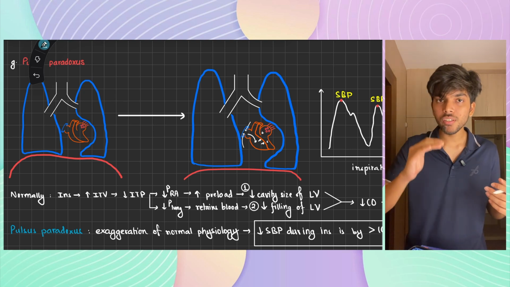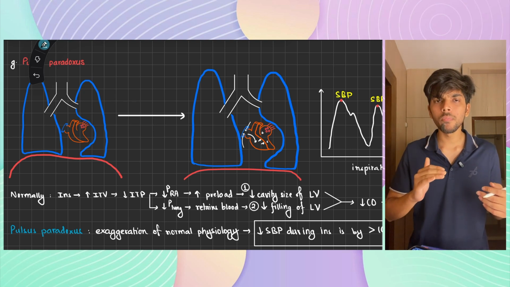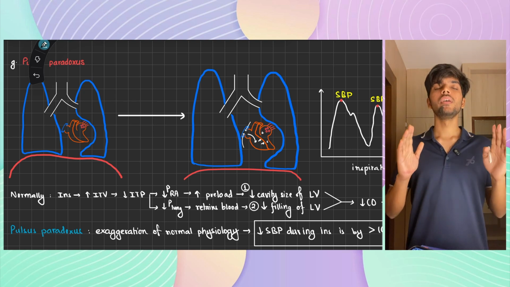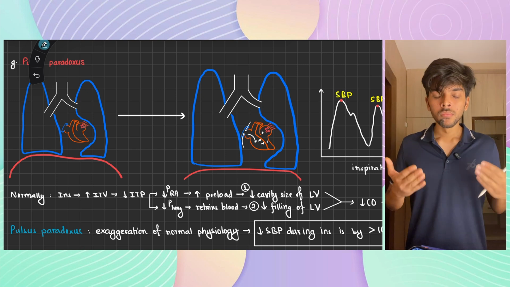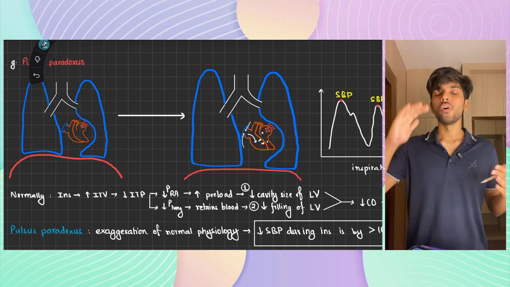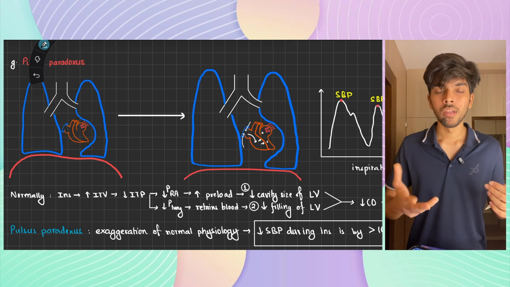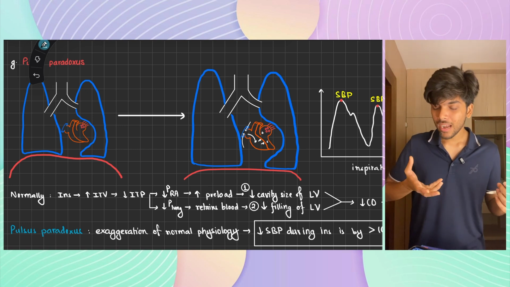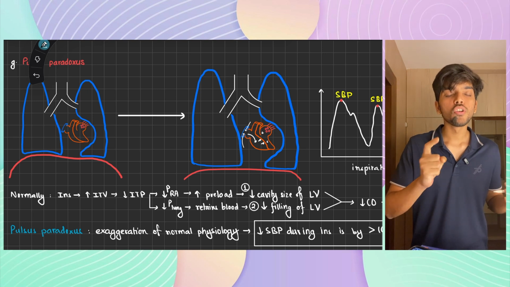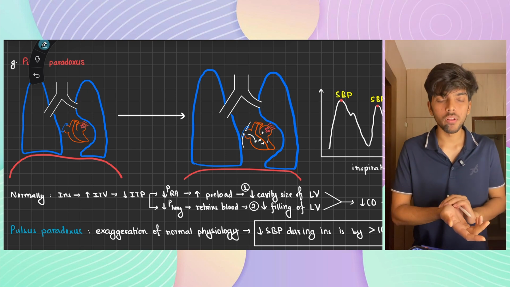There is a massive fall in systolic blood pressure during inspiration. See, in pulsus paradoxus, during inspiration, the fall in systolic blood pressure is by more than 10 mm of Hg. And at this point, the contraction by the left ventricle is not strong enough to produce a pulse.